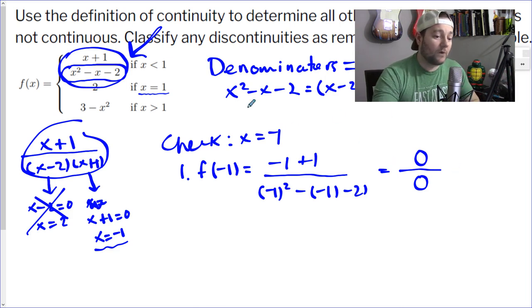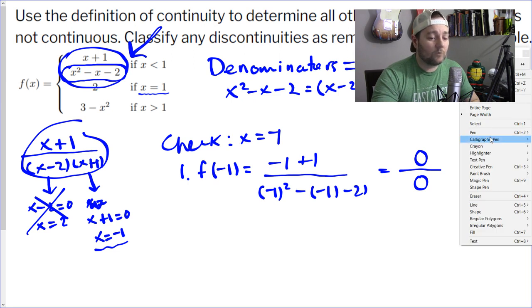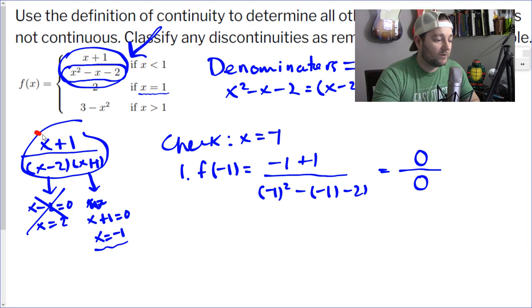So the removing part comes from, and that's why I don't like them to do it in the moment, but certainly they could actually demonstrate that you're removing the discontinuity by canceling it. You see that I just did it in red.